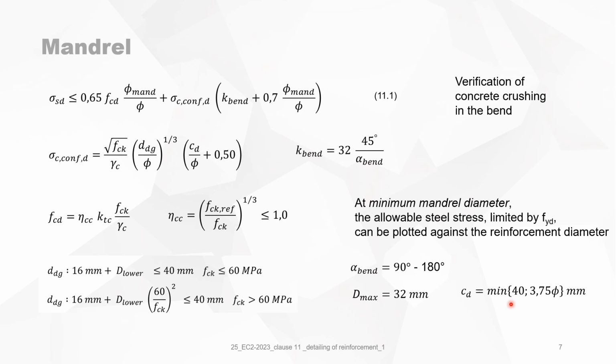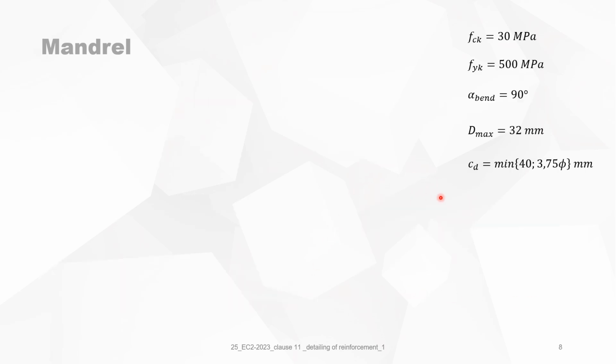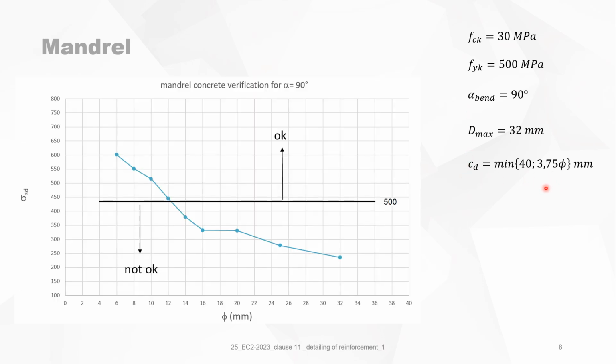So for small diameters, the 3.75 phi will be dominant. Just to show what the system is all about, I will take one case: a concrete quality of 30 megapascal, a yield strength of the reinforcement of 500 megapascal, an angle of 90 degrees, a Dmax of 32, and CD the minimum of this.